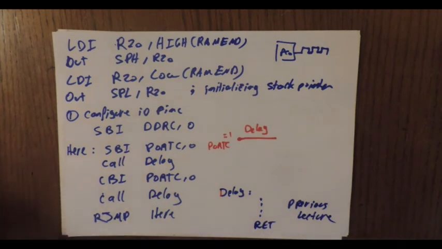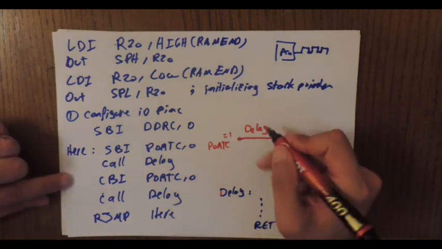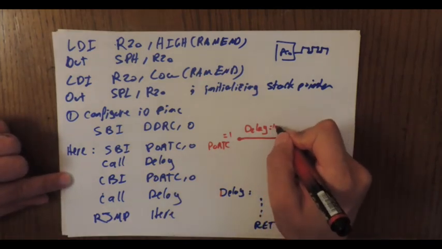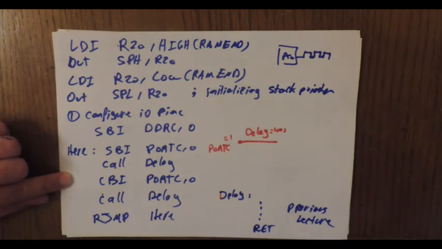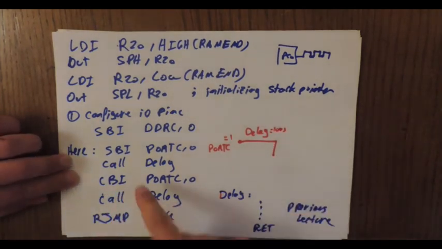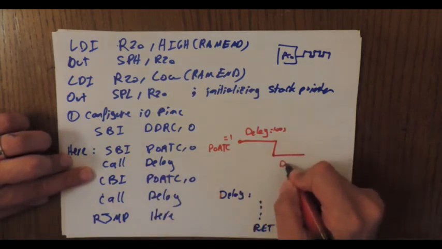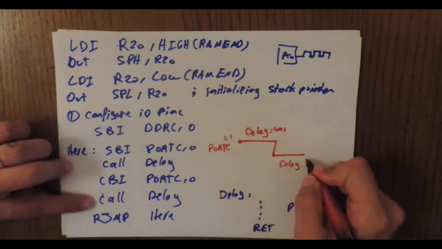How do we create delays? So with port C now, we create a delay. This, let's say, equal, for example, 10 milliseconds, whatever the value is, and then we clear it. So after the delay finishes, this is cleared, then we wait for another delay, and then we go up.